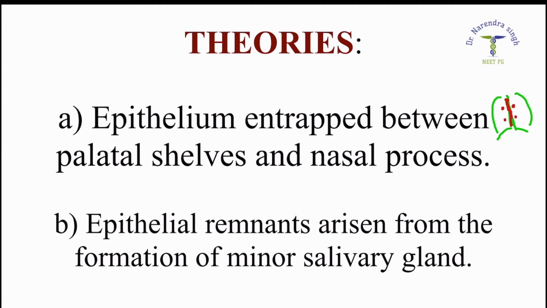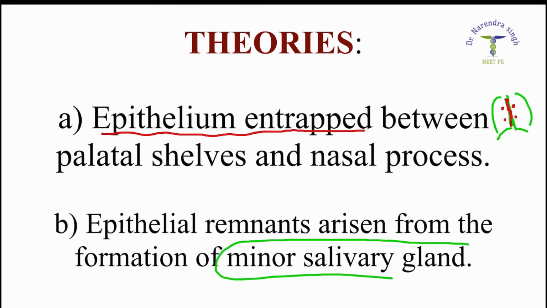This is the epithelium entrapment theory. The second theory is based on the minor salivary glands. We know the whole palatal area is covered with small salivary glands, so these may be epithelial remnants arising from the formation of minor salivary glands. These two are the most commonly accepted theories: one is that they arise from the minor salivary glands, the other is the epithelium entrapment theory.